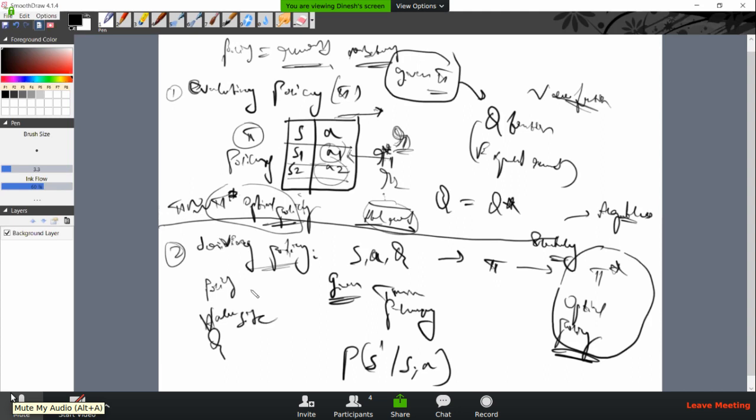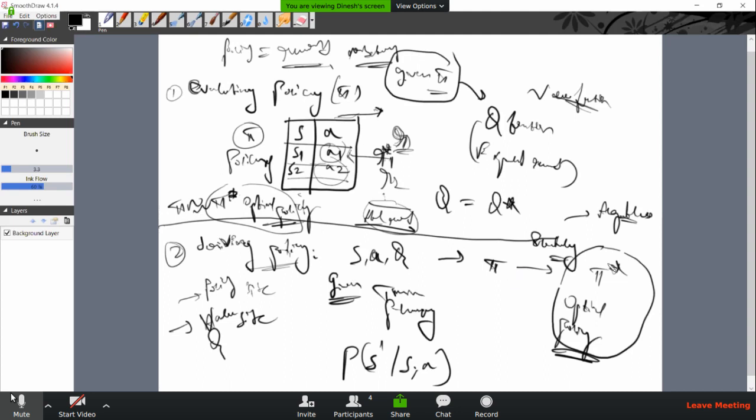Somewhere you have to start. Either you start with some arbitrary policy and then slowly improve it, or you start with some Q values and then backwardly derive a policy which will give you the maximum Q value. Based on the algorithm we are using, we start somewhere, improve upon it, and finally derive one policy.